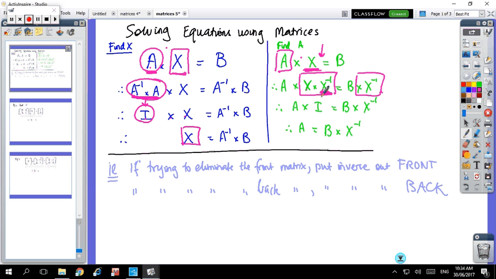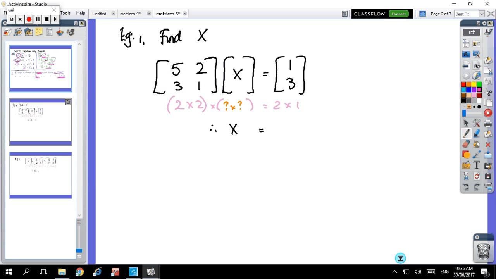Then X times X inverse turns into I, and once you've got I, then you've got A. And then you just have to do that calculation, and you'll have the answer to the matrix that you're trying to find. So basically, if you're trying to eliminate a matrix at the front, then you put the inverse at the front. If you're trying to eliminate the matrix at the back, you put the inverse at the back. Okay? So copy that, and we'll do some examples on the next two slides.